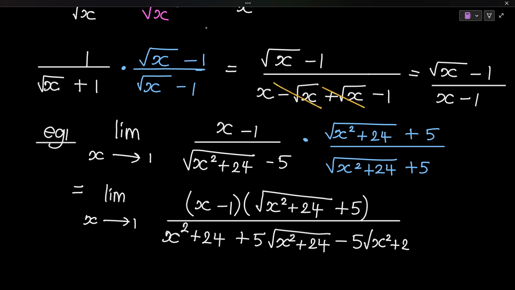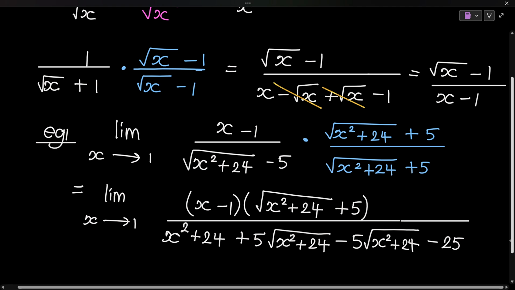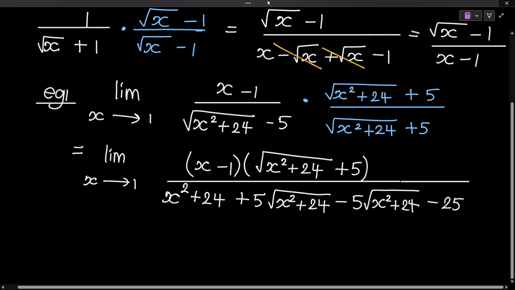It's plus 24. And we have negative 5 times positive 5, which is negative 25. Now, at this point, you'll notice that your two terms that have the opposite sign will cancel out with each other.